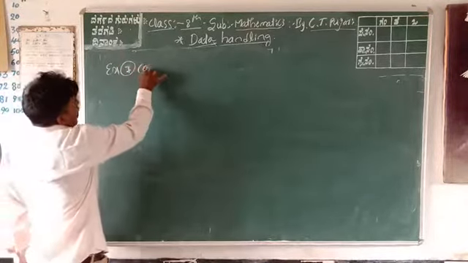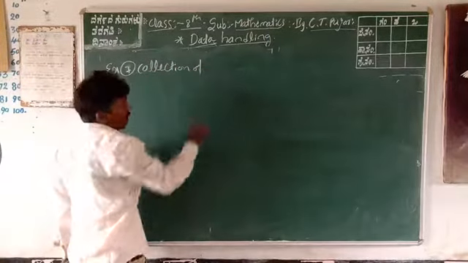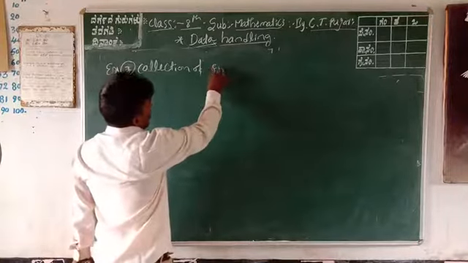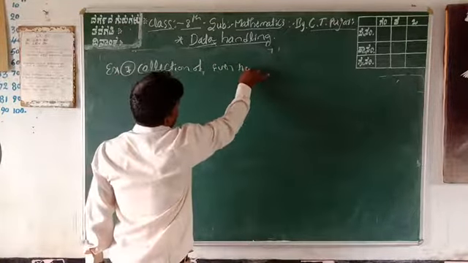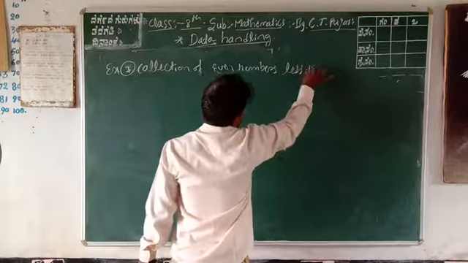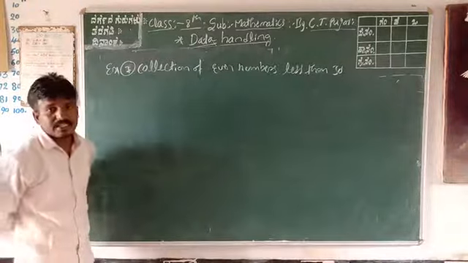The collection of even numbers less than 30.